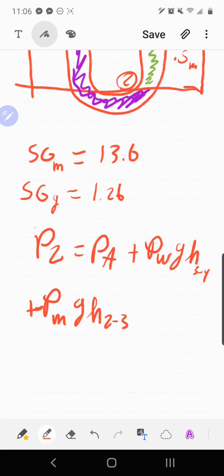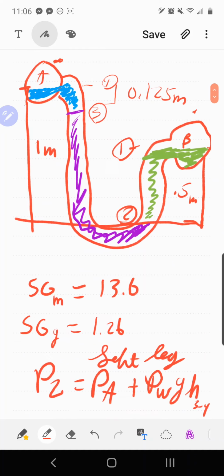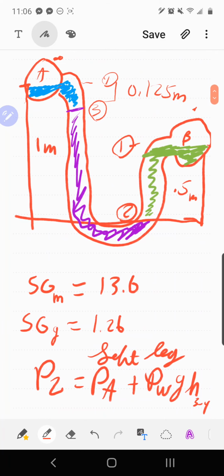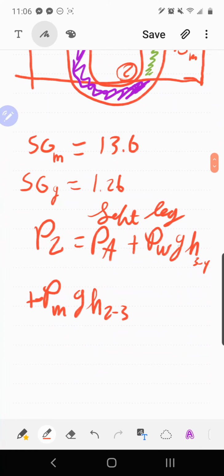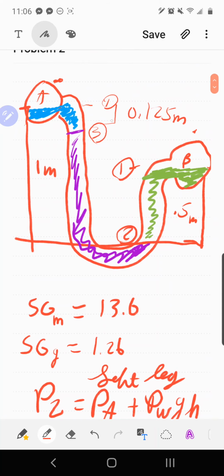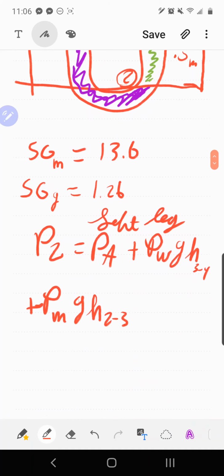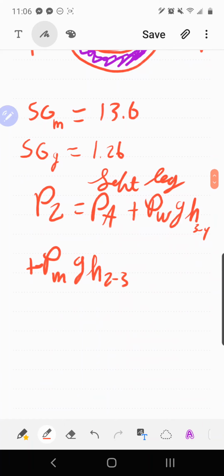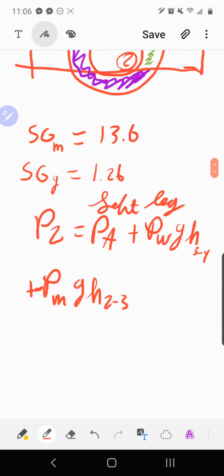This is the left leg of the manometer. Left leg is this one over here. We have A. Pressure at A going down plus rho of the water times g times H3 minus 4, this distance here. Also adding rho of the mercury times g times H2 minus 3.